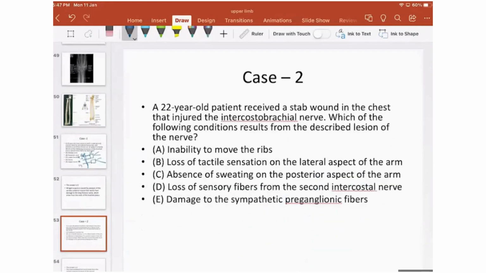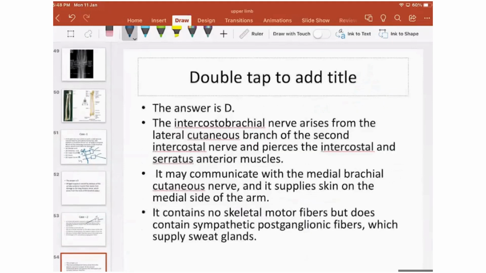A 22-year-old patient received a stab wound involving the intercostobrachial nerve, which is nothing but T2 fibers. Which of the following results from the described lesion? This is the answer.